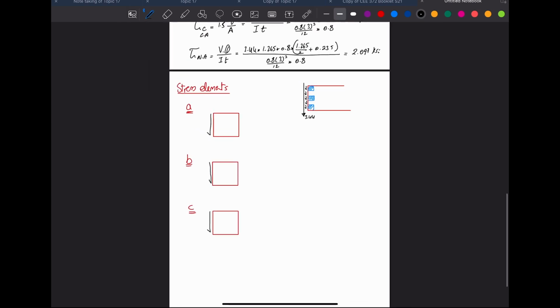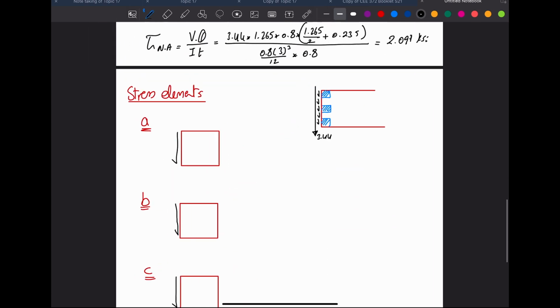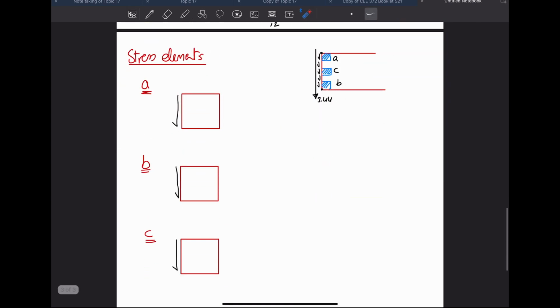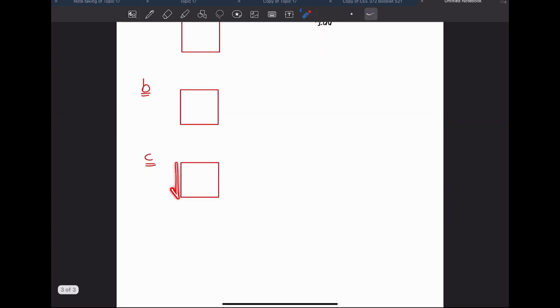But notice, where are A, B, and C? Here are A, C, B. At A and B, because they are points, I just exaggerated by drawing the square big, but at A and B the shear stress is equal to 0. So I'm going to erase them at A and at B. Then at C, I have the shear like this.